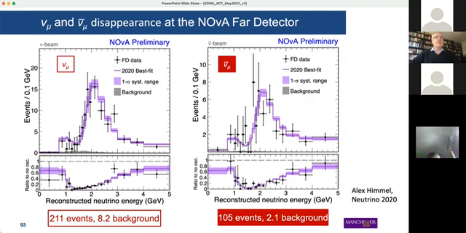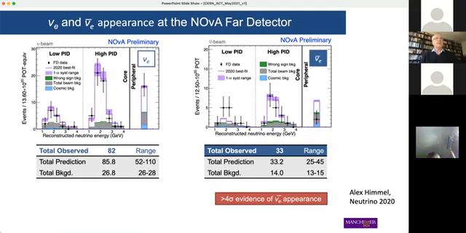And you see the spectrum compared to no oscillation, and quite a significant event sample of about 200 and 100 events with a very, very small background. This is from Neutrino 2020.